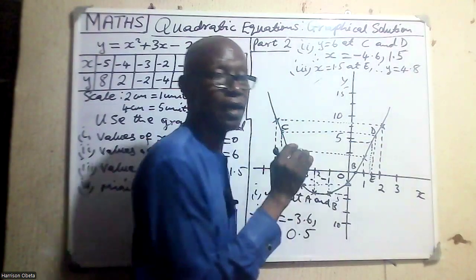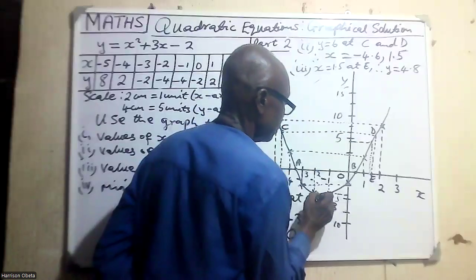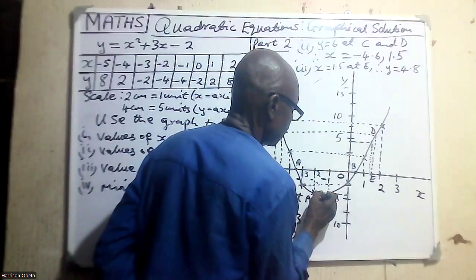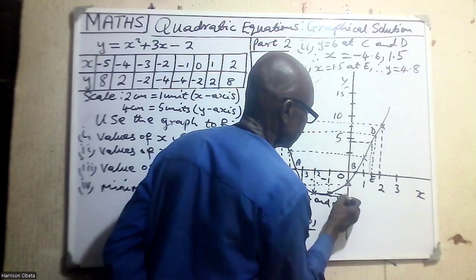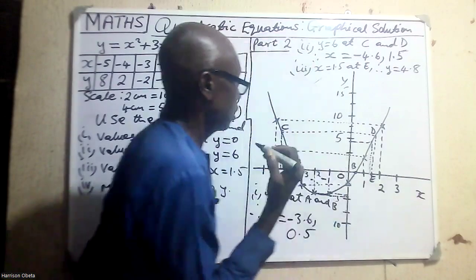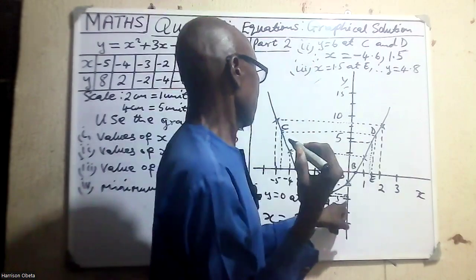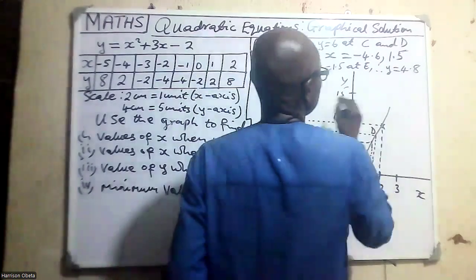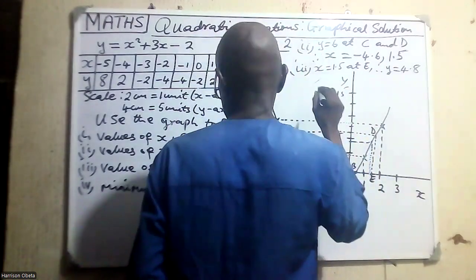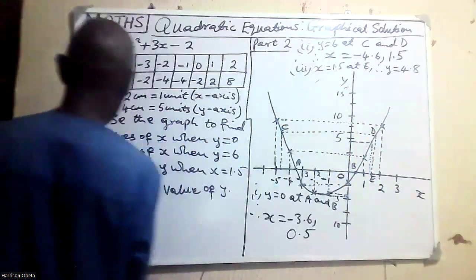You use your ruler and trace it to the y-axis. That is, use your ruler, place it here, make sure there's no mistake, and then you trace it to this. And that should give us about minus 4.9. So I'll write the answer here.